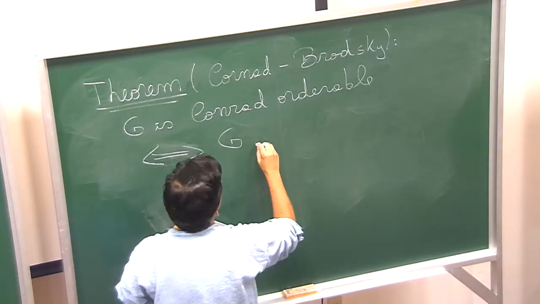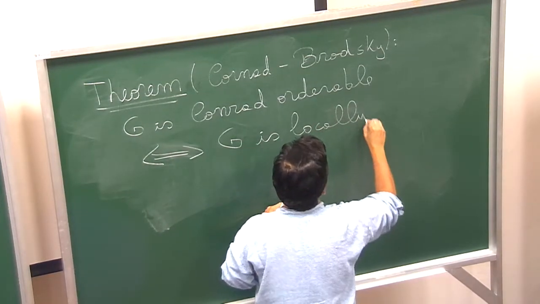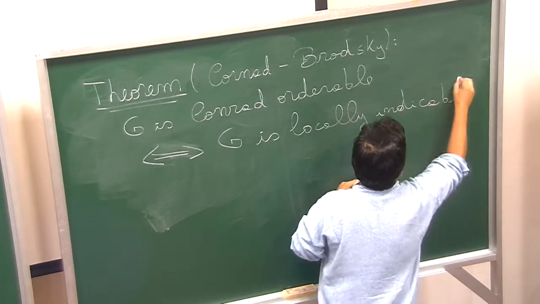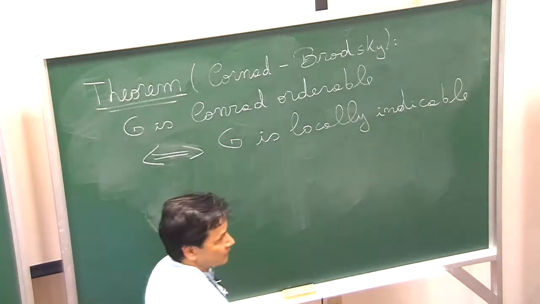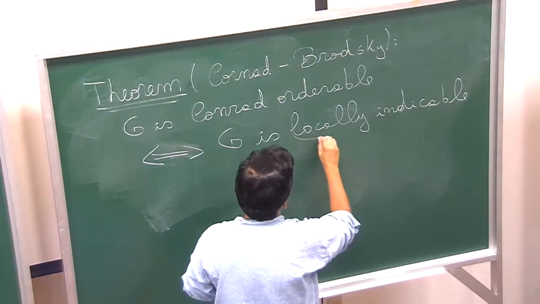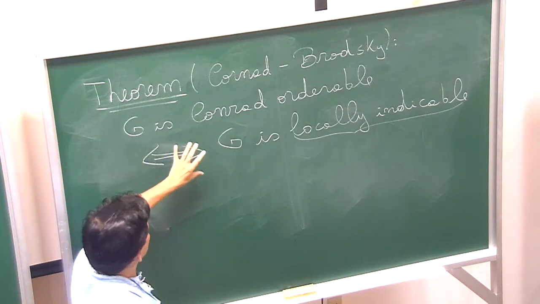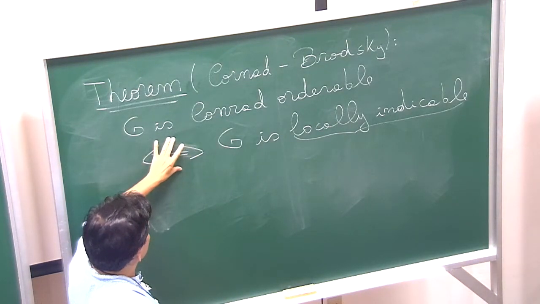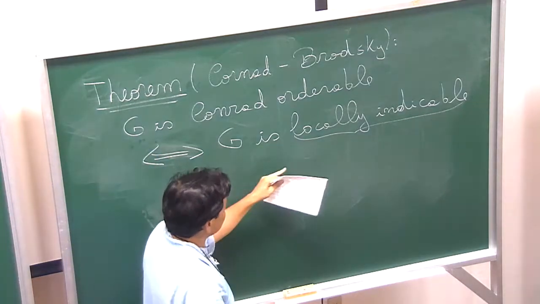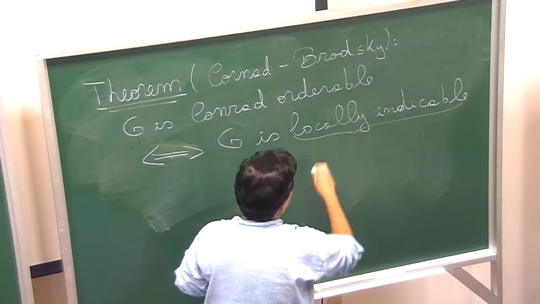G is locally indicable, which is a very bad name, but we cannot change it. Okay? So what is locally indicable? Here I am not assuming that the group is countable, so any cardinality. Locally indicable is a property which is focused on finitely generated groups.